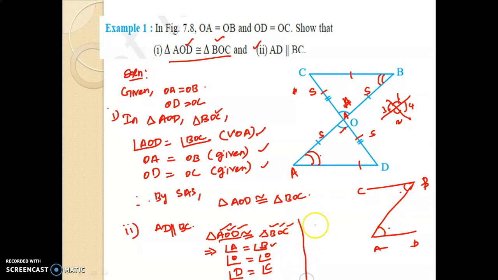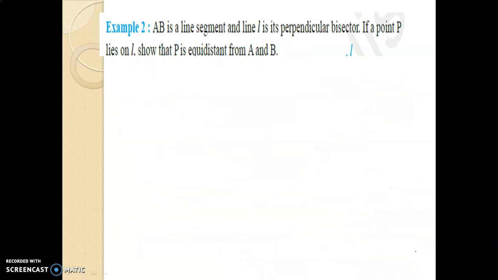Yes, they are alternate interior angles. Therefore, since the alternate interior angles are the same, these two lines are parallel. Therefore, AD is parallel to BC. That is the procedure and the conclusion. Look at the next example.